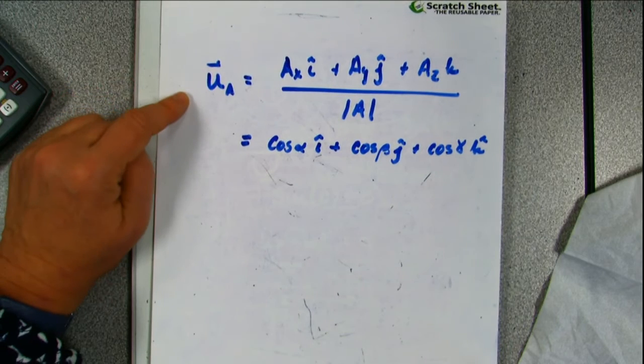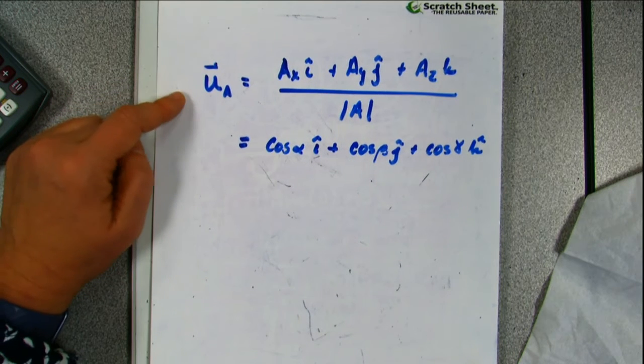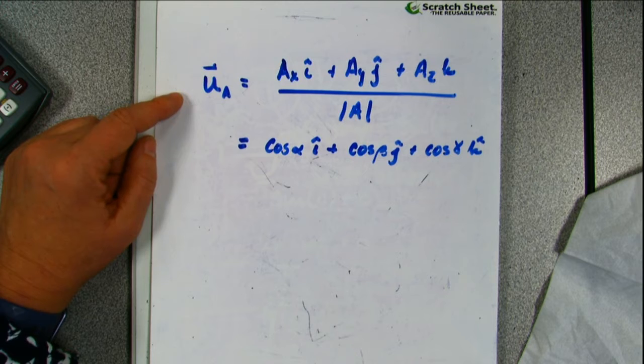So that's a unit vector in the direction of A that has a magnitude of 1.